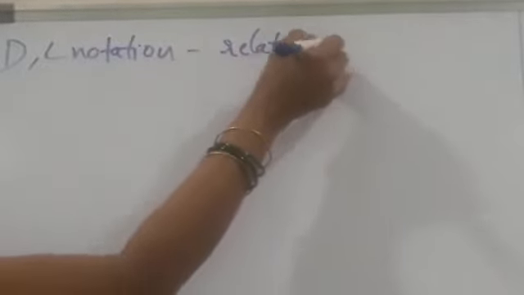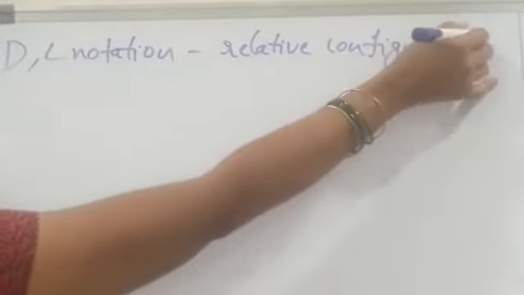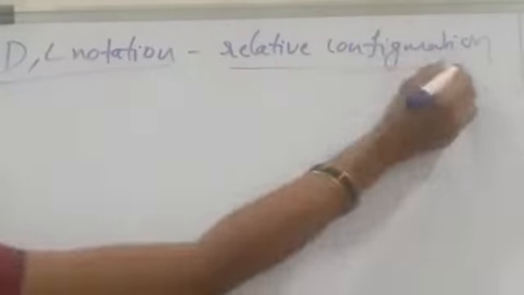Next, DL notation, which is also called relative configuration. You know that RS configuration is absolute configuration. So here DL notation is relative configuration. Relative configuration is based upon the configuration of glyceraldehyde.